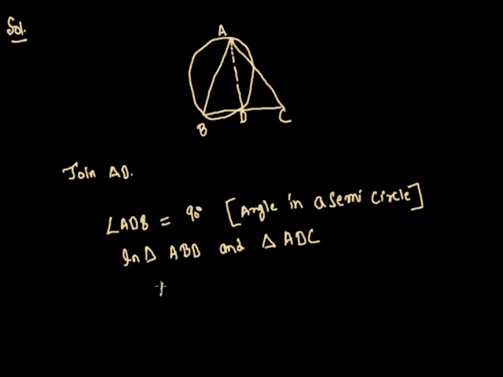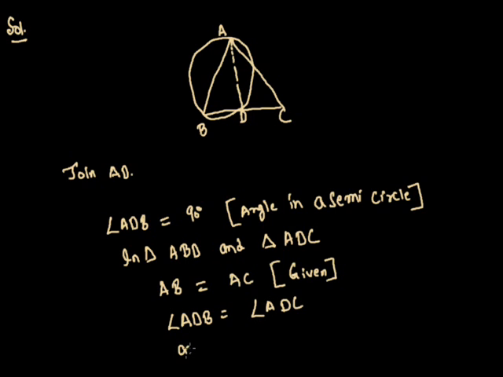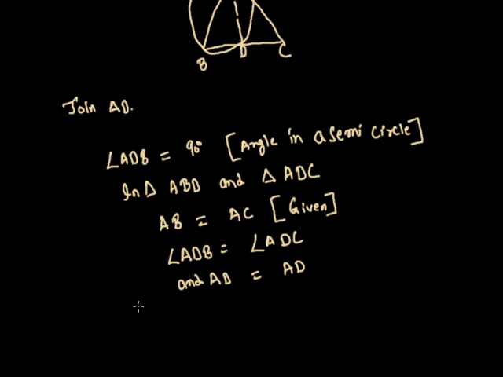AB is equal to AC, given. Angle ADB is equal to angle ADC, and AD is equal to AD. So by RHS criteria of congruency, triangle ADB is congruent to triangle ADC.